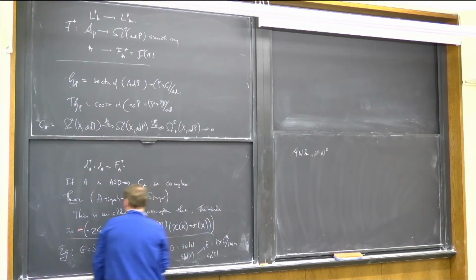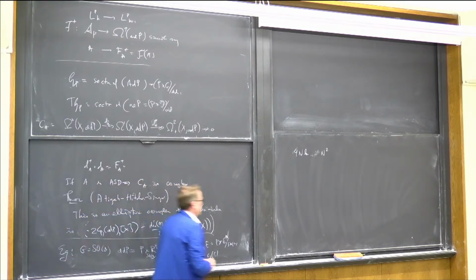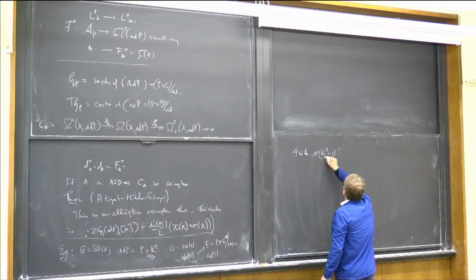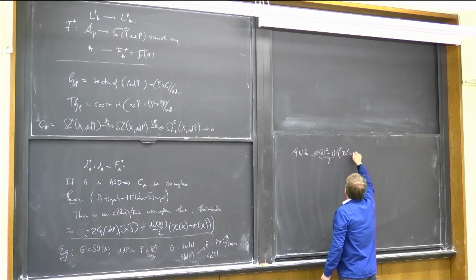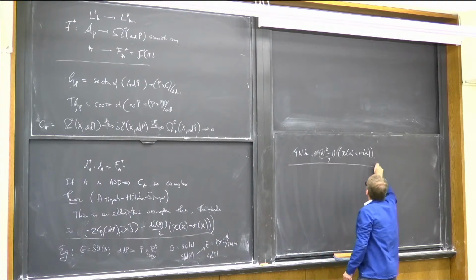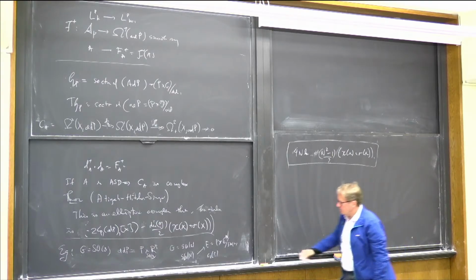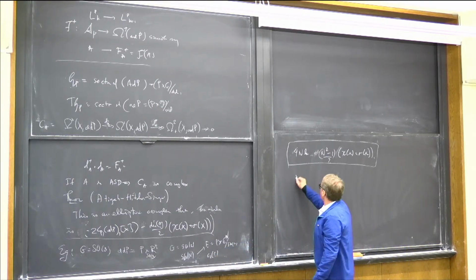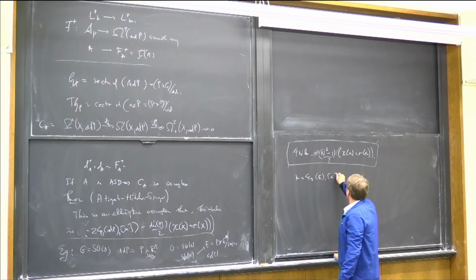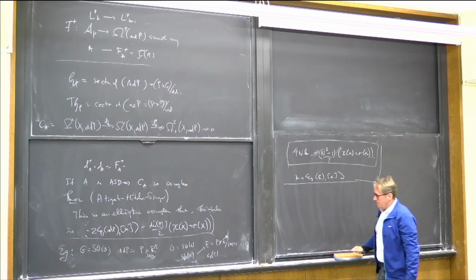Let's do that. Negative index. Yeah, there are a lot of minus signs there, but some of them become plus signs. So that's what it is in this case for SU(N), but in terms of k, which is c2 of E on X. OK, great.